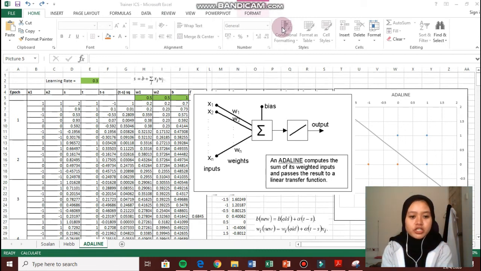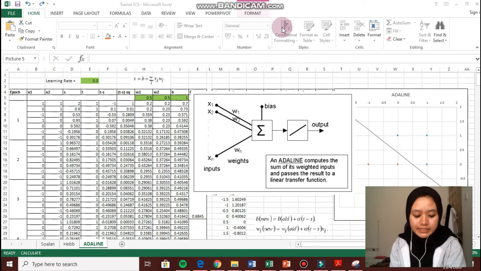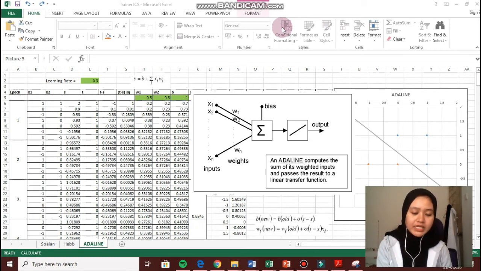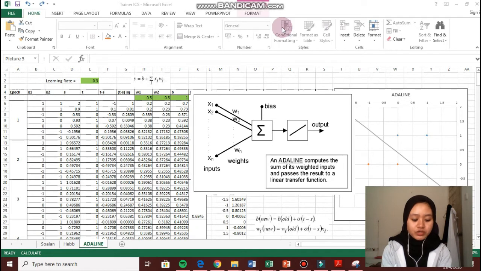Assalamualaikum, my name is Syahirah binti Razali. I will be discussing the Adaptive Linear Element, which is also known as the Adaline learning algorithm. Briefly, this algorithm is a single neuron model which uses a linear activation function. As you can see here, this is the architecture of the Adaline neuron model.